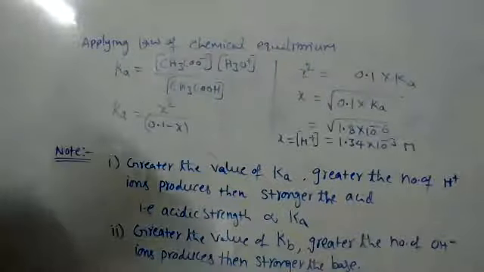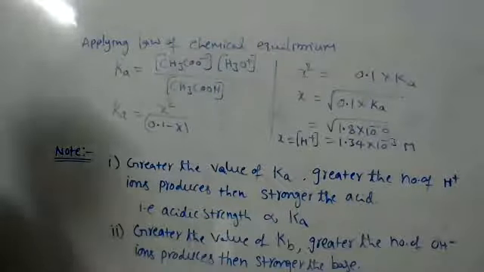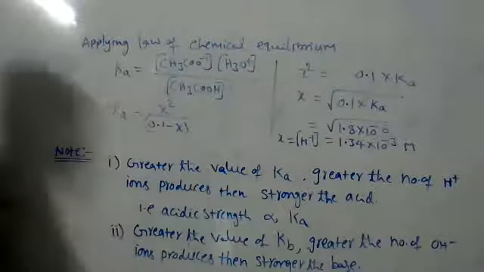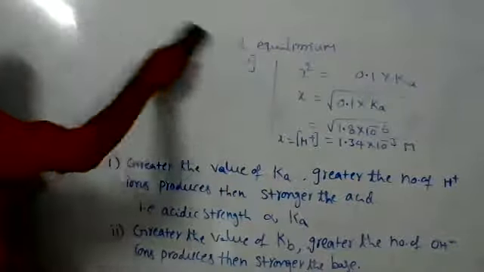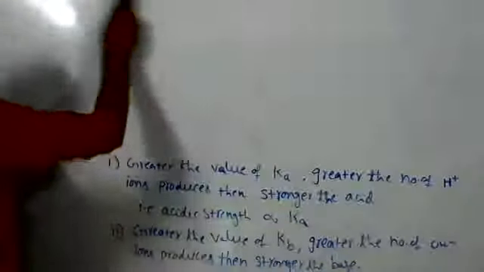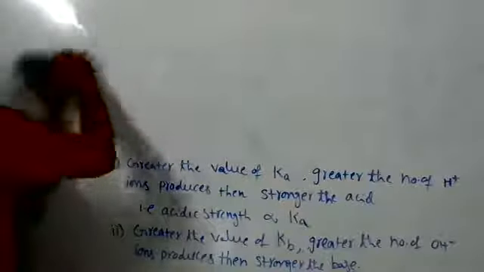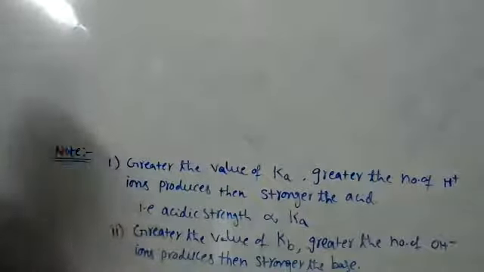Okay, so now I will write a few values of Ka for acids. No need to write this, just compare. Basic strength is directly proportional to Kb. Can you say basic strength is basicity? Basicity we study for acidic substances; basicity is the number of H⁺ ions donated by an acid.